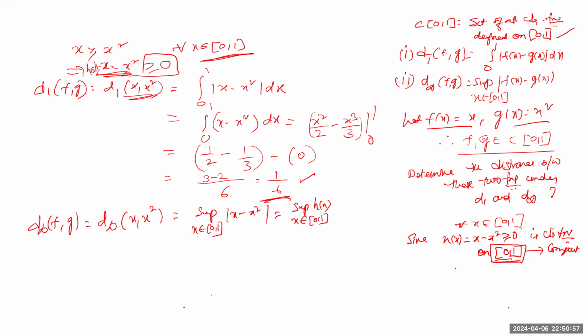So let us say maximum, right? So h attains maximum and minimum also. Okay, no problem, because here it is a supremum. So we need to find the maximum value. So h attains the maximum value where it attains the maximum.